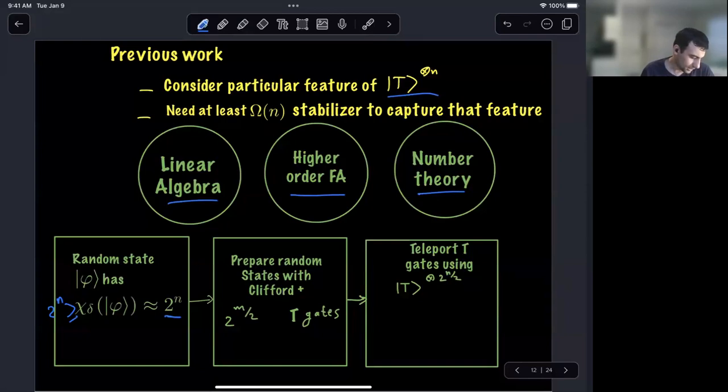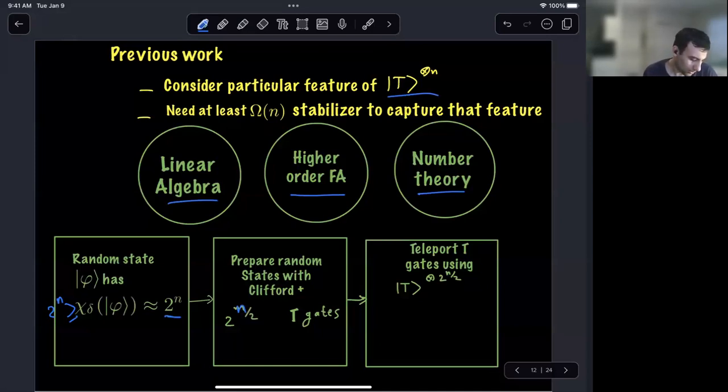The next step is that you can always prepare a random state with Clifford gates plus, sorry, it should be 2 to the n over 2 t gates. So this random state that we know that the stabilizer rank is large, we just prepare it with Clifford and 2 to the n over 2 t gates.